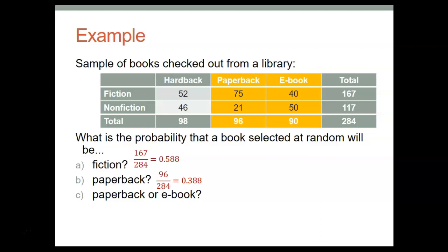If you're talking about that specific book, it's either a paperback or it's an ebook, but it's not both at the same time. So we can just add the probabilities together. 96 out of 284 plus 90 out of 284 equals 186 out of 284, which is 0.655.